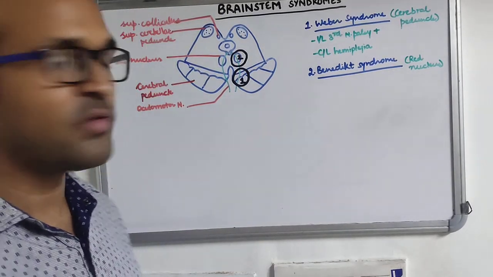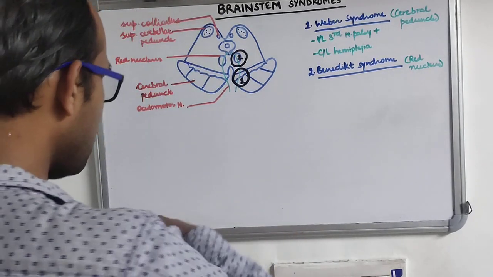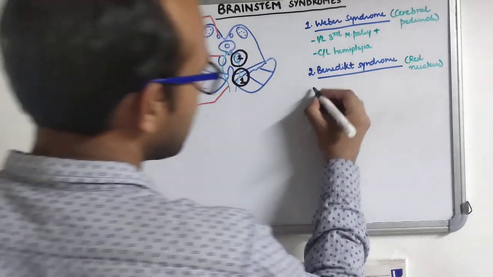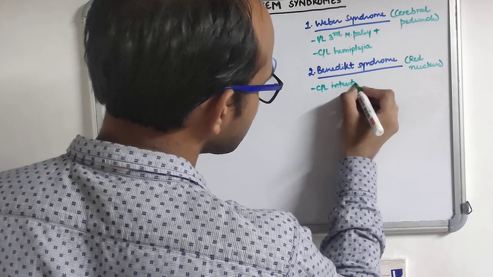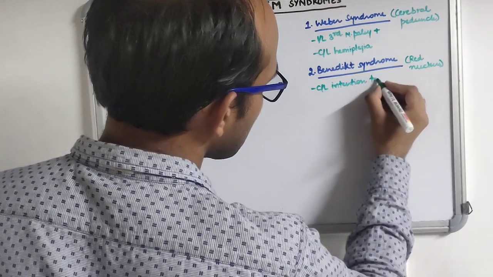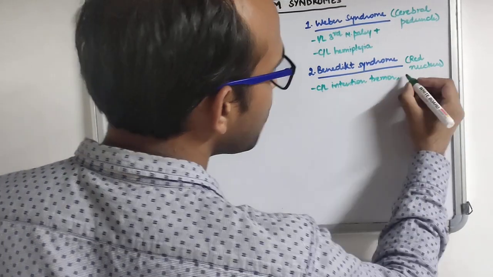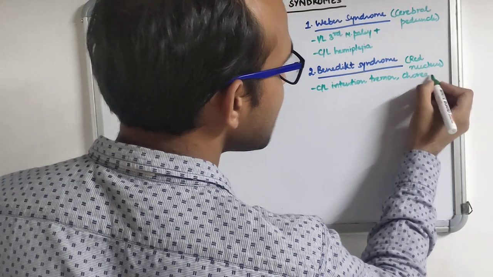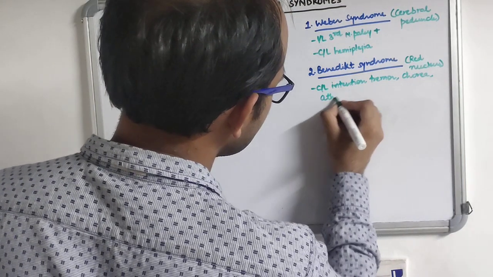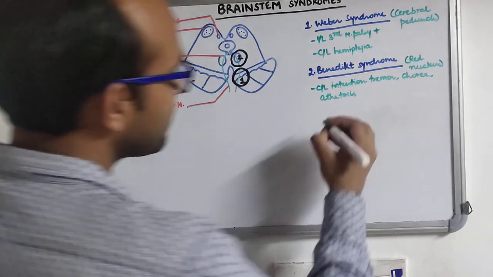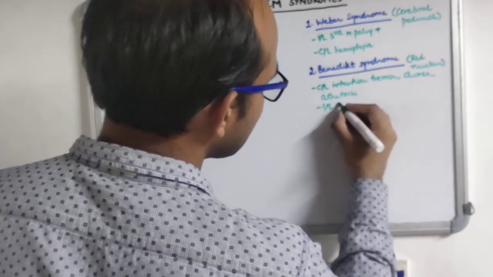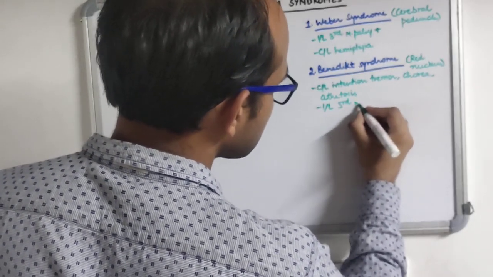Due to involvement of the red nucleus, there occurs contralateral intention tremor, hemichorea, and hemiathetosis. And due to involvement of the fascicles of the third nerve, there occurs ipsilateral third nerve palsy.